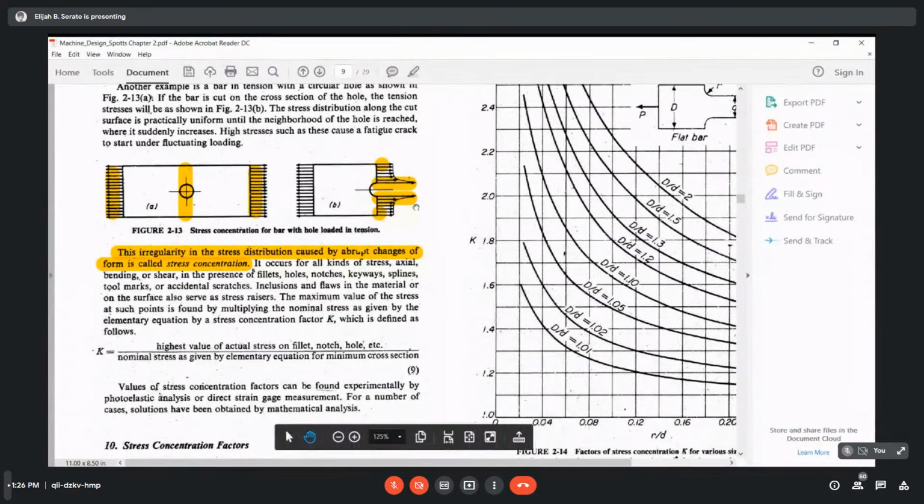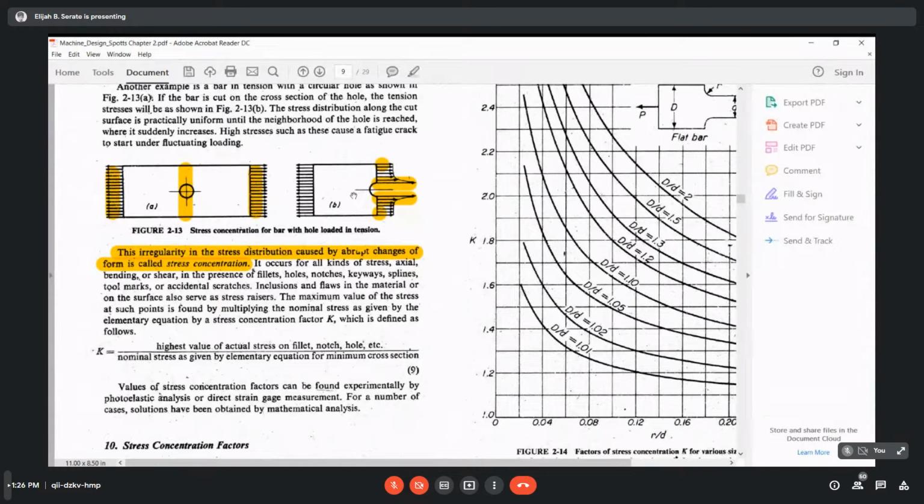The minimum cross-section here for figure 2-13 is the force divided by the area except the hole. You do not include the hole when computing the area. That is your nominal cross-section.